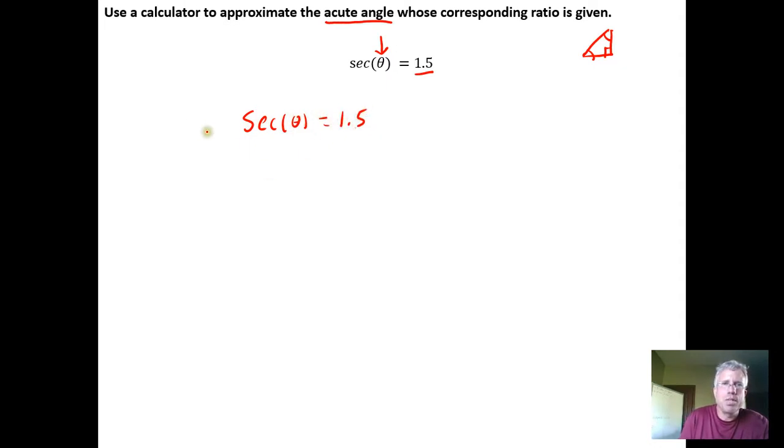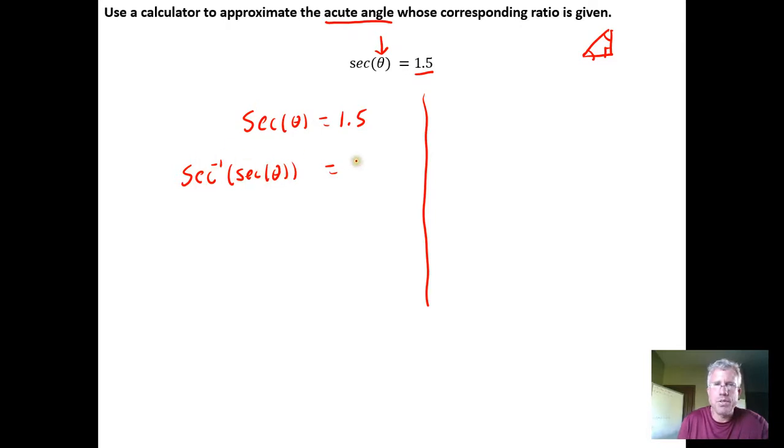We could use the inverse secant function. So I could go the secant inverse of the secant of theta equals, I made the left hand side an input into the secant inverse function, so I make the right hand side an input into the secant inverse function, and I get theta equals the secant inverse of 1.5, and this answer is exact.